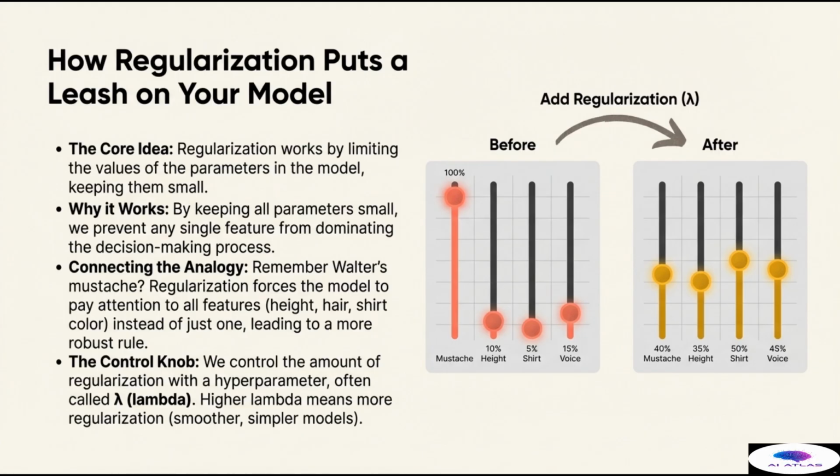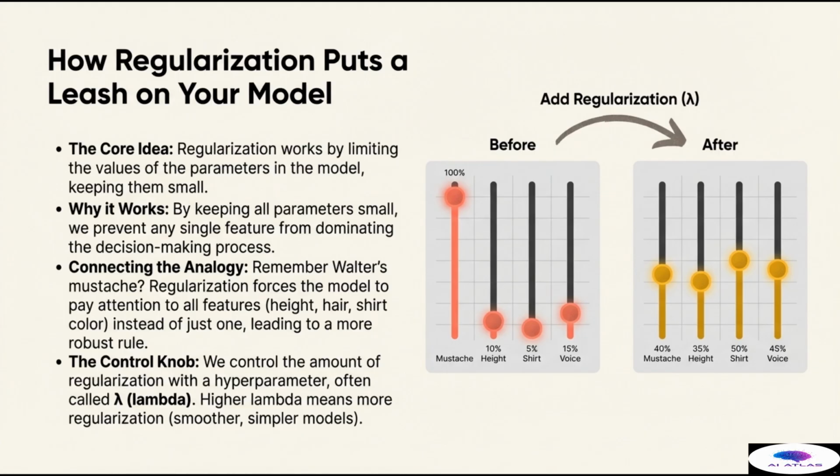It's forced to distribute the predictive power more evenly. Now, mustache is still important, but its weight is reduced, and the model must rely moderately on height, shirt, and voice as well. This makes the rule much more robust. This distribution prevents any single feature from dominating the decision-making process. The result is a simpler, smoother curve that ignores noise.